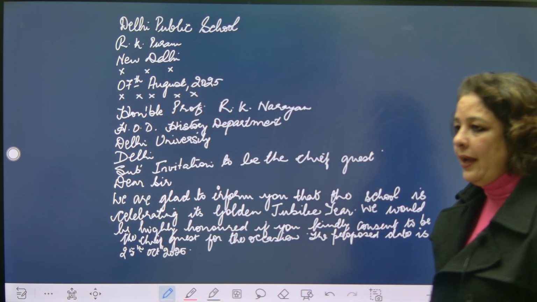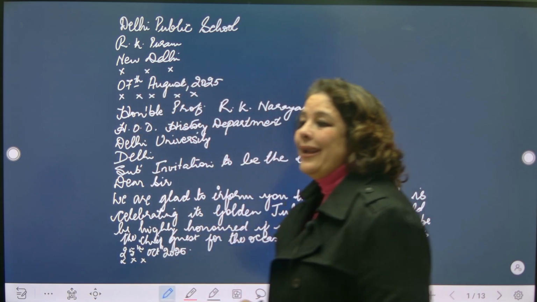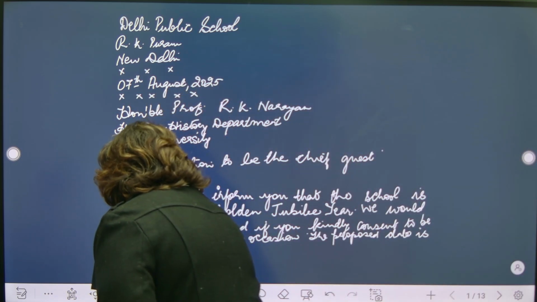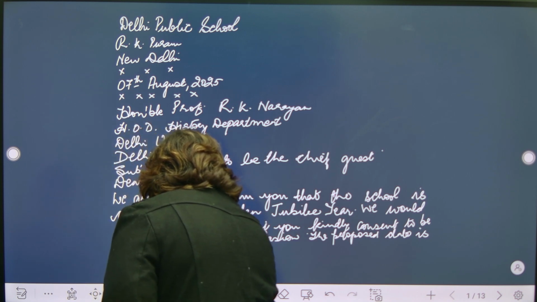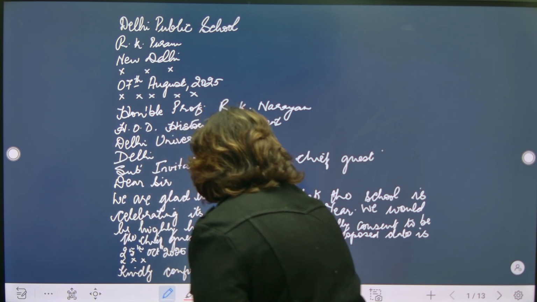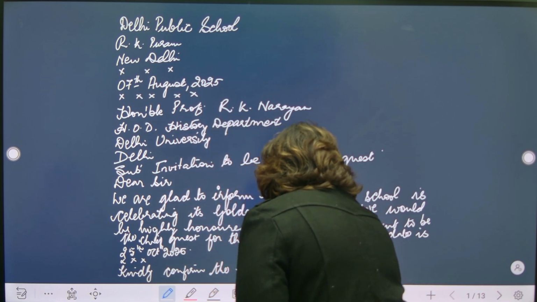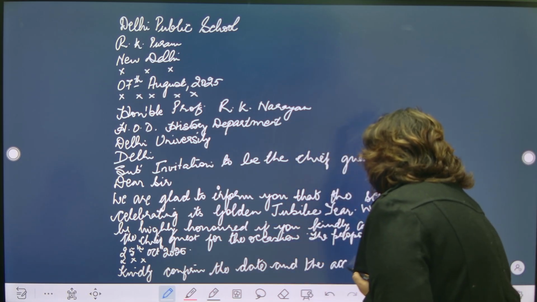Then you are going to leave a line and then write: kindly confirm the date and the acceptability.